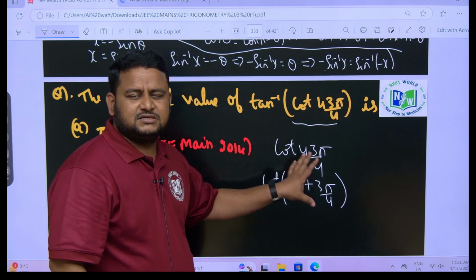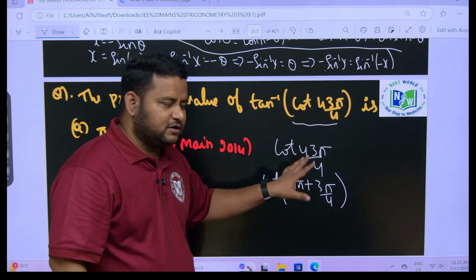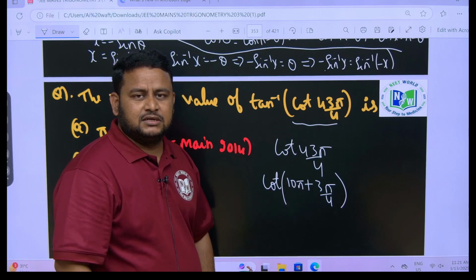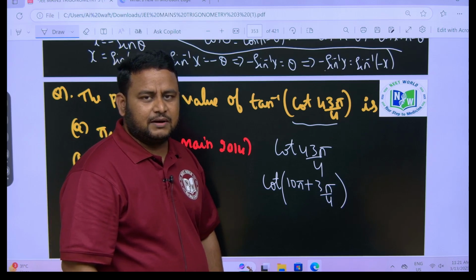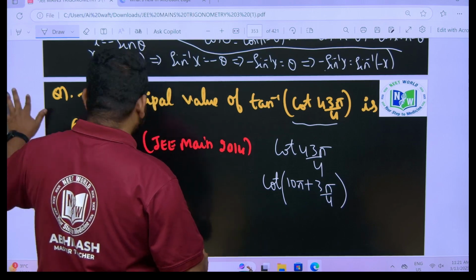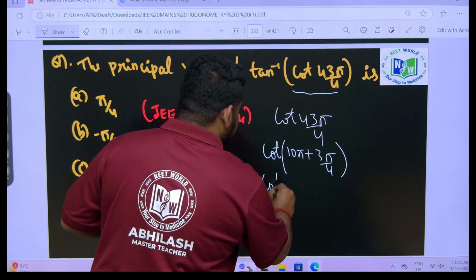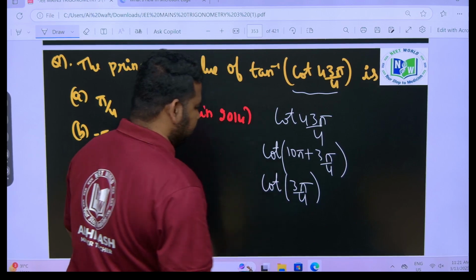So pi plus theta is third quadrant. In the third quadrant, what happens? See here, this will become cot 10 pi plus 3 pi by 4. It will remain cot 3 pi by 4.